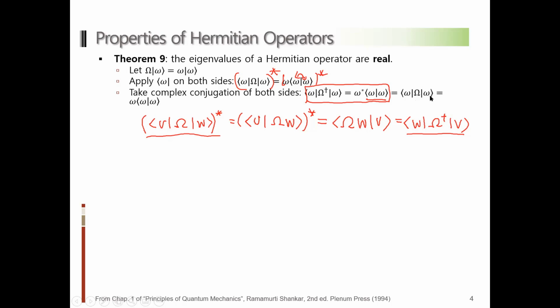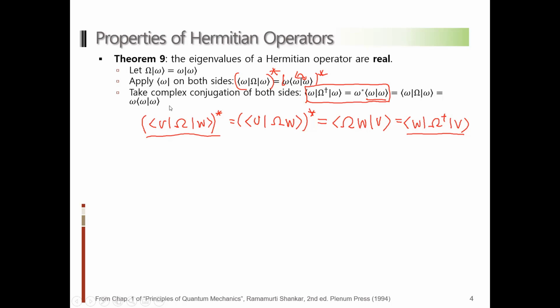That's why I can go from here to here. Then finally, how can I get this one? That's because I started with this relation. So if I replace this omega with this one, then we will obtain this one at the final stage.